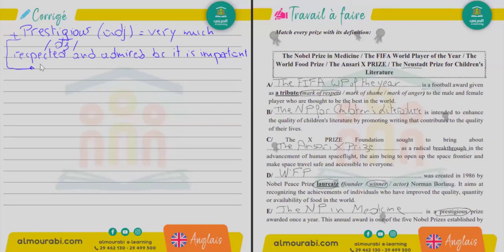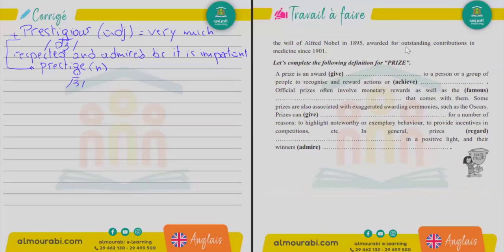So that's prestigious. لاحظ هنا the noun becomes prestige. الج تولي ج. That's prestige, that's the noun. So if it's prestigious, that's very much respected, very much admired. It's an important prize. So as we said, prestige, that's the noun. Now we are granting or attributing that prize to people for their outstanding contributions here.